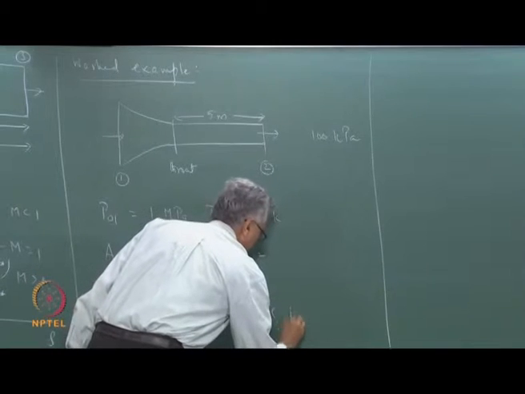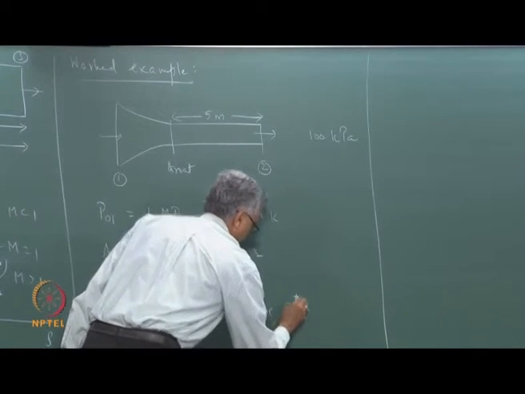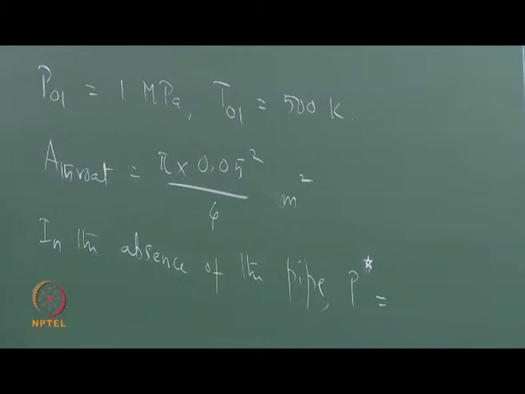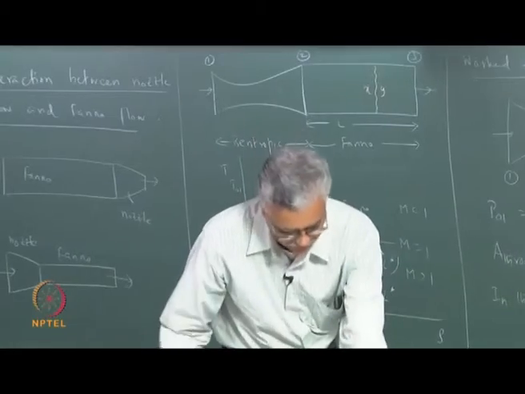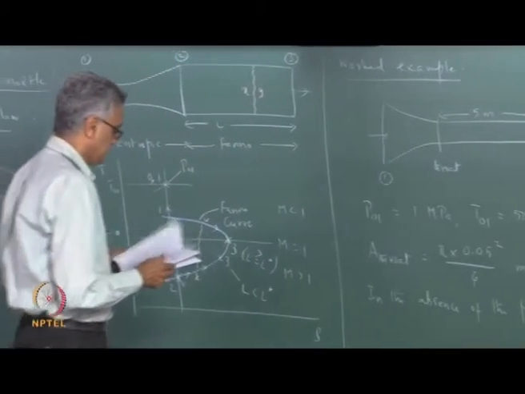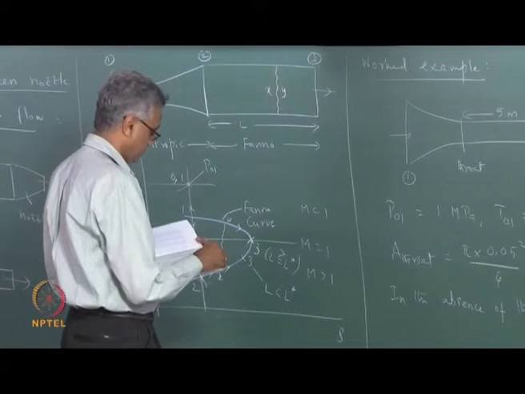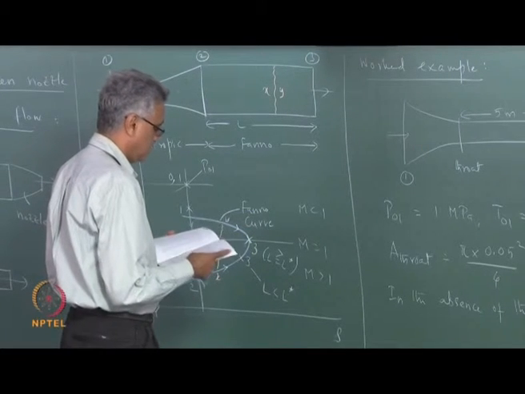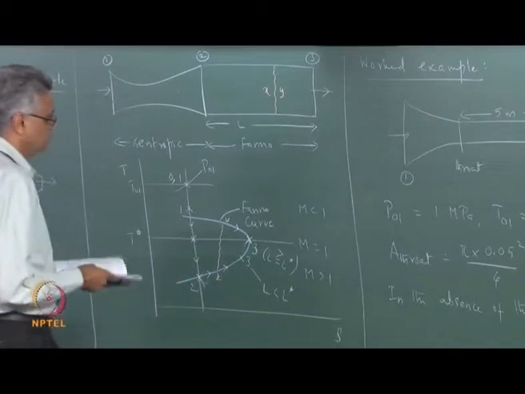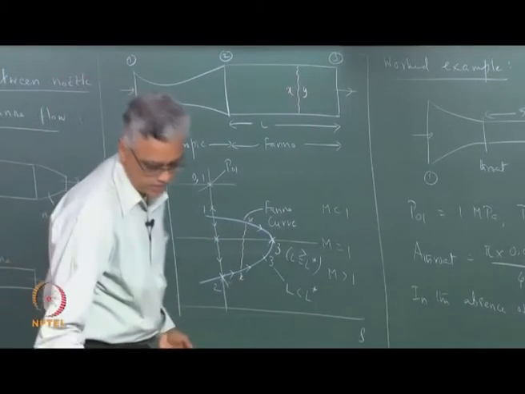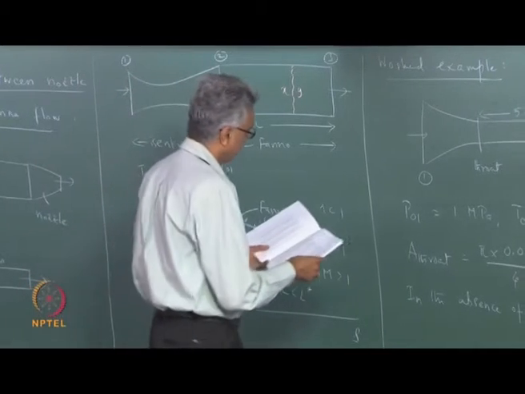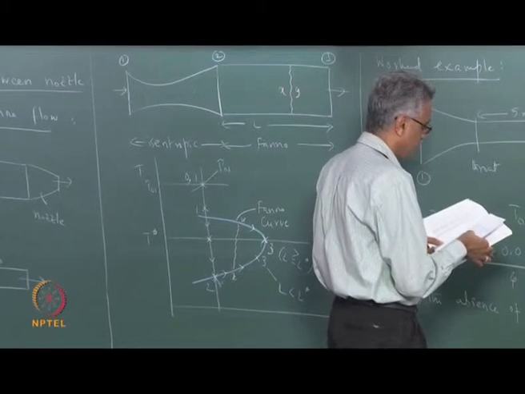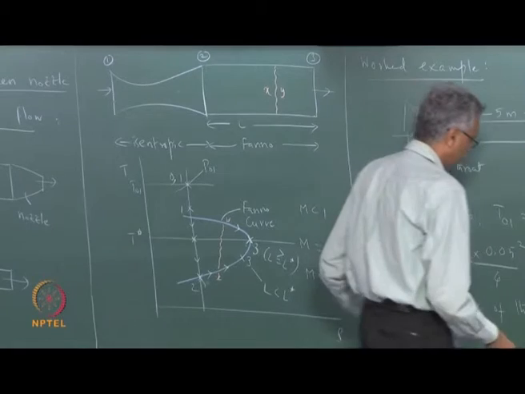Let us write it like this: P star can be obtained from the, because the flow is isentropic, we can obtain the value from the gas tables. Let us go ahead and do that. P0 is given, and we can calculate P star like this. So, P0 over P star for this case is 1.89293.